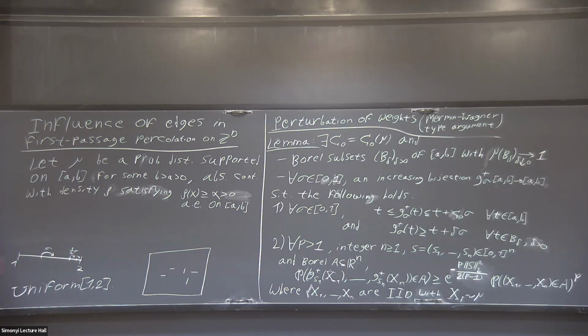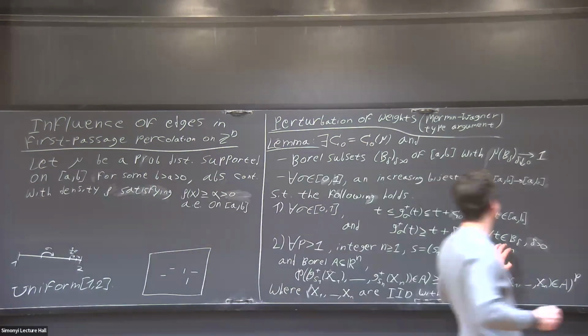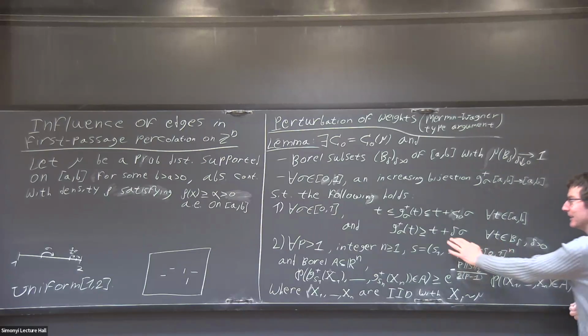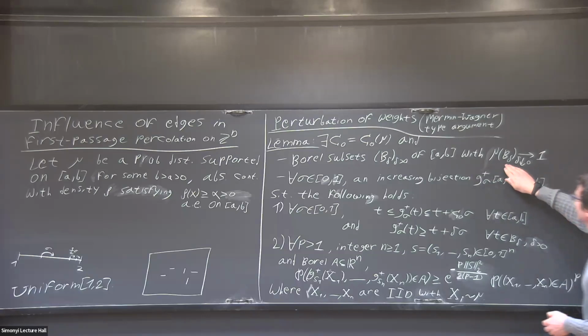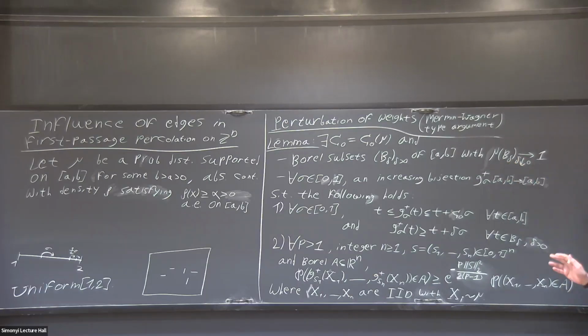That's why we have this funny subset, B delta. On the subset B delta, you add delta sigma. And the subsets B delta are almost everything. When delta is small, their measure goes to 1. So you usually just add sigma. That's how you should think about it. There is a way to add a certain amount close to sigma to the weight of an edge, and then the distribution is not so changed.